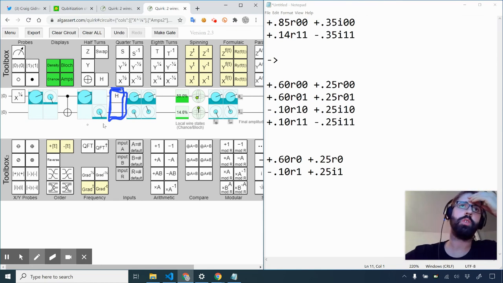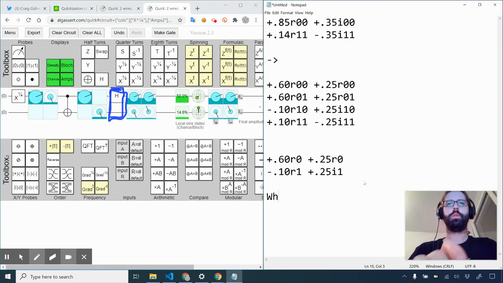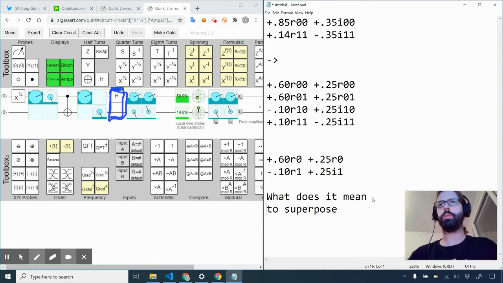What does it mean to superpose an entangled state? Is there any way to define what it means to superpose an entangled state? Yeah, I guess that's kind of a way to think about it. Can't see what I'm reading. An entangled state.